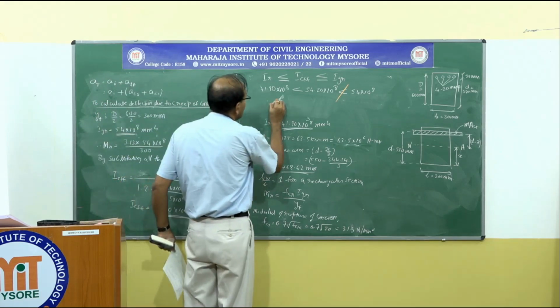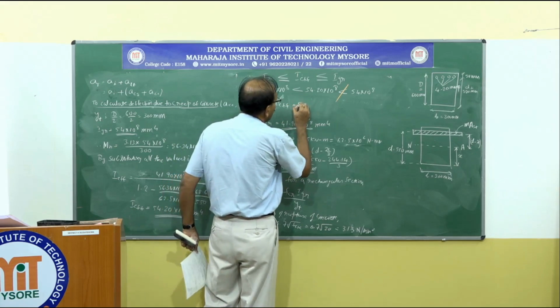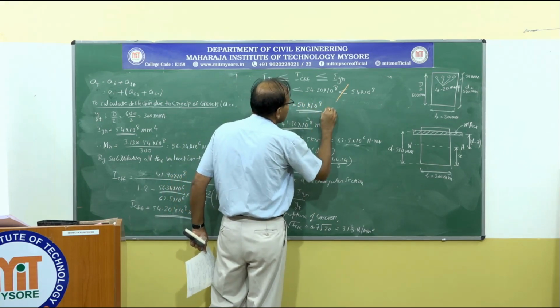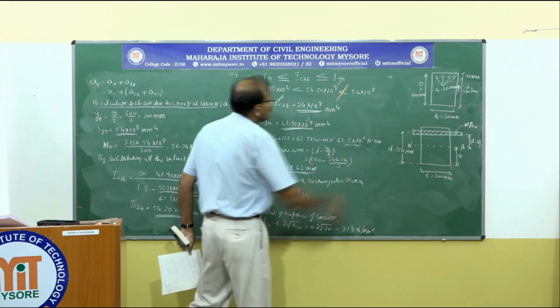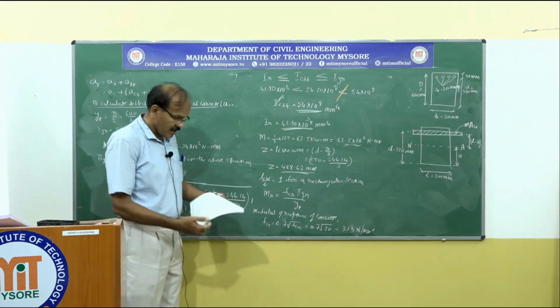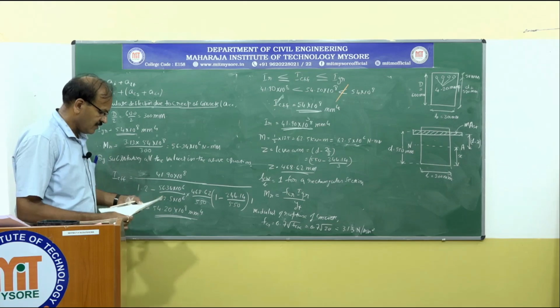Therefore, I effective equals 54 into 10 to the power of 8 millimeter to the power of 4. That is the effective moment of inertia.